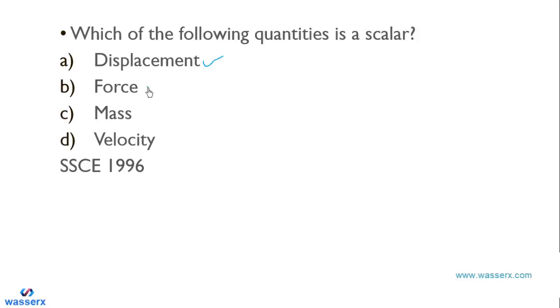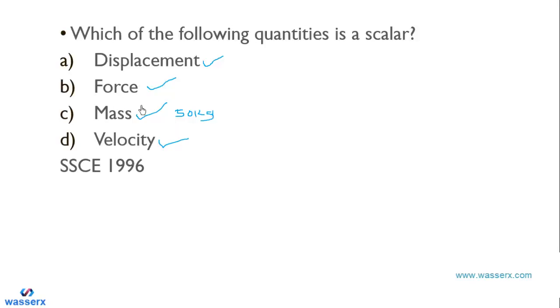Force has magnitude and direction. Mass has only magnitude. That's why we can say something is 50 kg. Velocity has both magnitude and direction. So the correct answer here is mass.